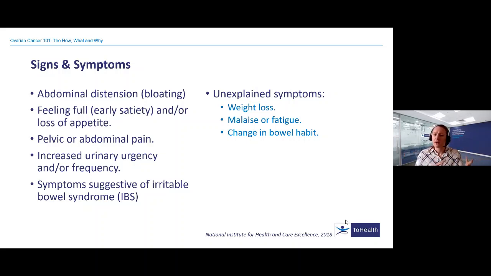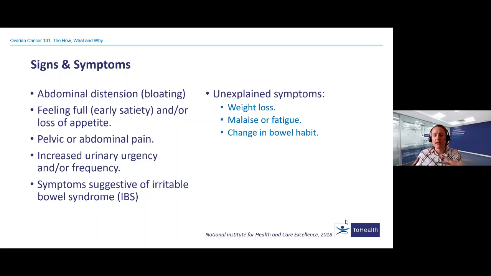Now, when we look at the signs and symptoms of ovarian cancer, what you'll probably notice here is that they're extremely vague and actually very common, and perhaps even symptoms that many of us have experienced or are familiar with. So, if we just take a look at the left hand side first and foremost, ovarian cancer should be suspected and tests carried out in any woman, particularly if over the age of 50, if any of the following symptoms on that left-hand side are persistent or frequent.